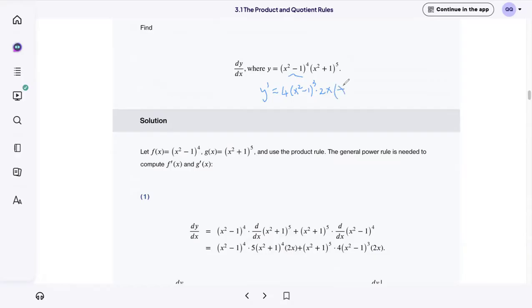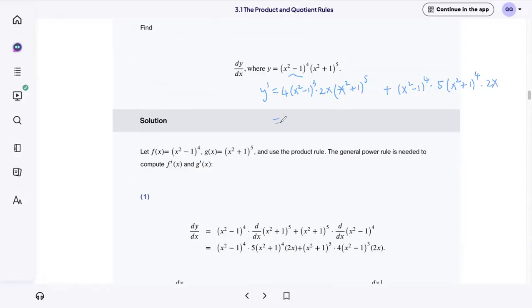Then multiply by x squared plus 1 raised by 5, the second one. Then add, product rule, always add. Add the first one, x squared minus 1 raised by 4, times the derivative of the second one, which is 5 times x squared plus 1 raised by 4 times 2x.